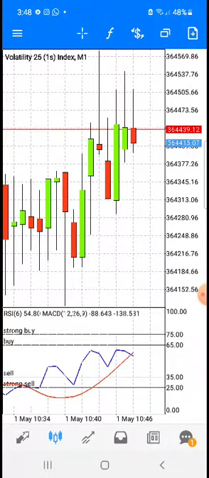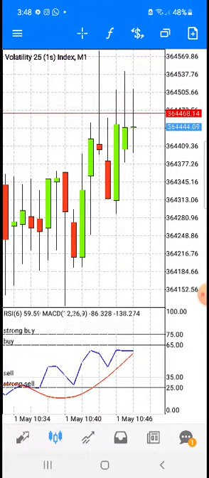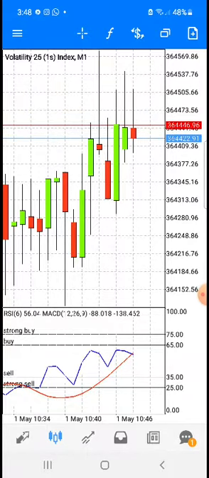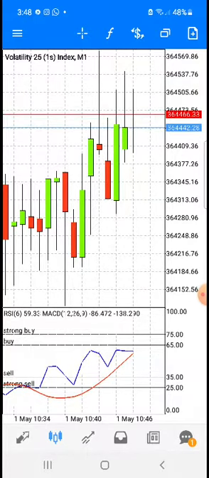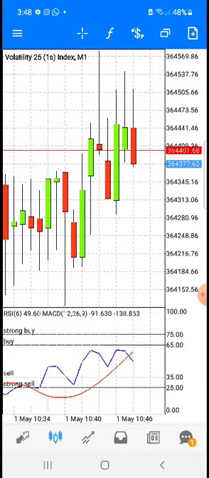The third thing, the color, which reveals the direction of market movement. A green or white body indicates a price increase, while a red or black body shows a price decrease. It means a white or green candle is a bullish candle and a black or red candle is a bearish candle.